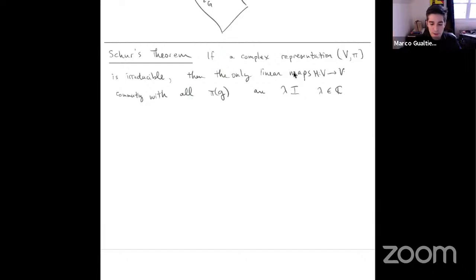So you should think that we have a group. It's acting on this vector space. You have a whole bunch of matrices which are acting, and they satisfy these nice conditions. They form a group. They're all invertible. And think of it as a symmetry of your space.